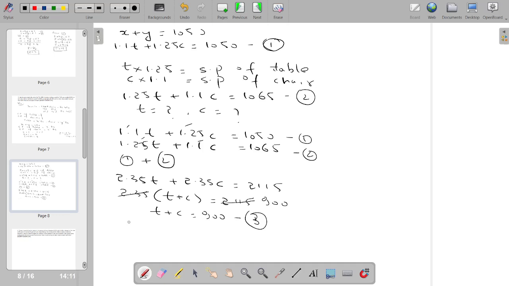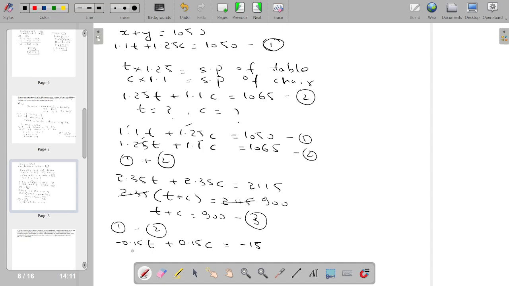So now we can do 1 minus 2. If you do 1 minus 2, how much will we be getting? Minus 0.15 T plus 0.15 C is equal to minus 15.